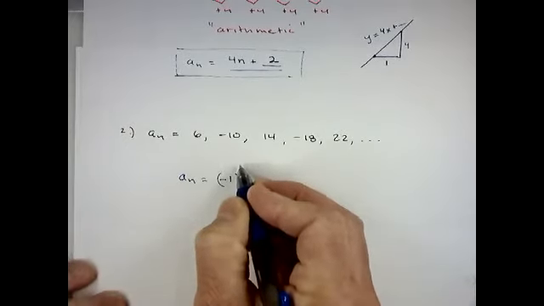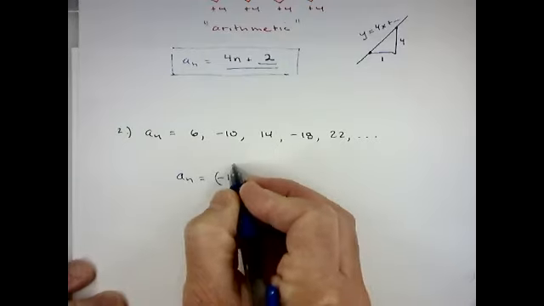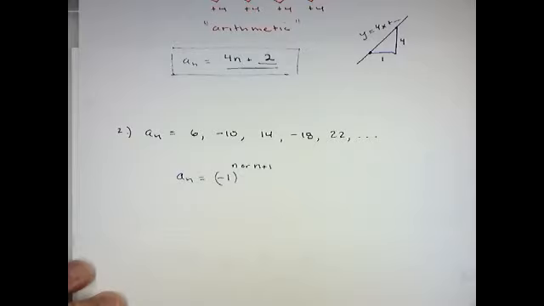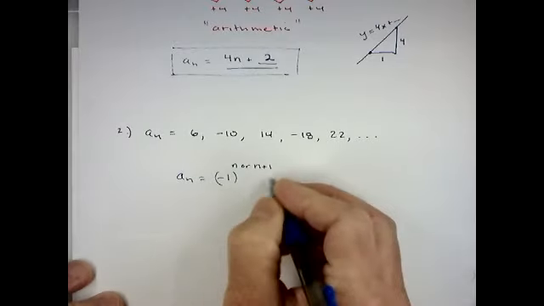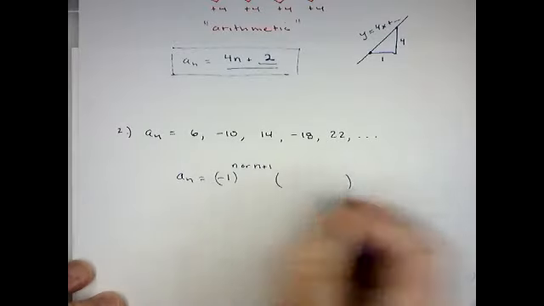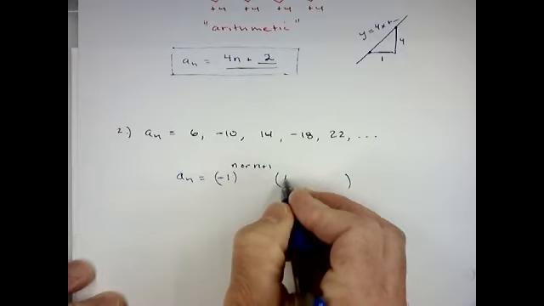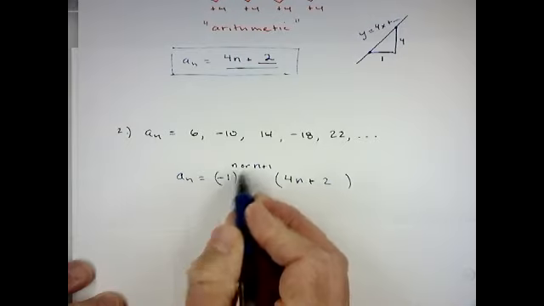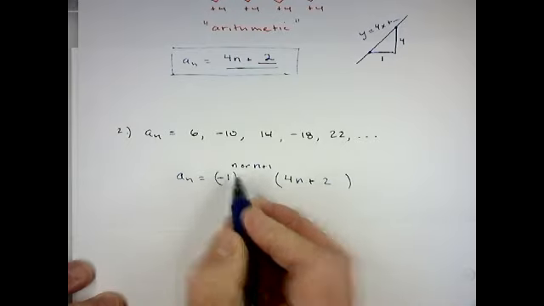Now, it's either going to be to the n or n plus 1. Okay, I'm going to scratch one of those out. But the rest of the sequence is going to be the exact same as the previous one. It's going to be 4n plus 2. But this is going to make it alternate, positive or negative.